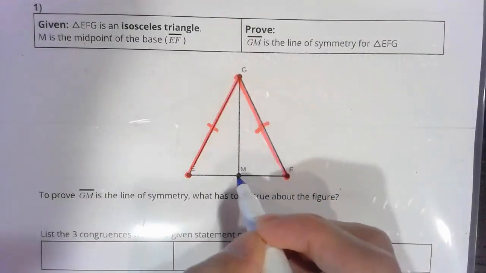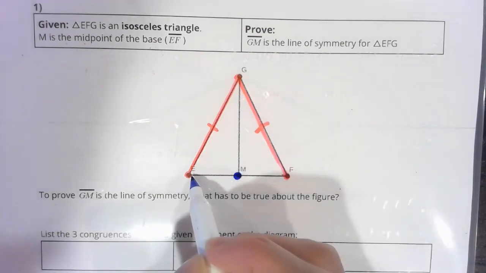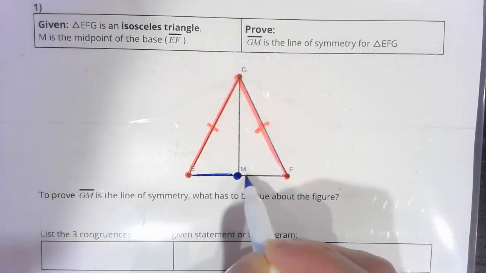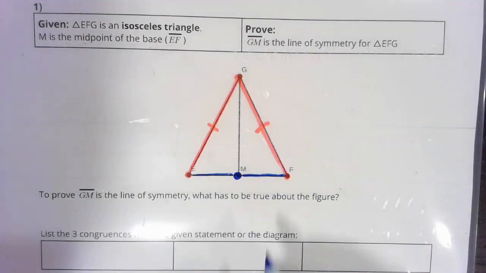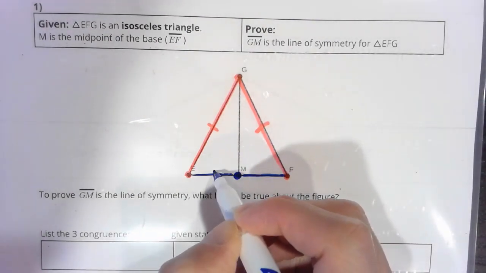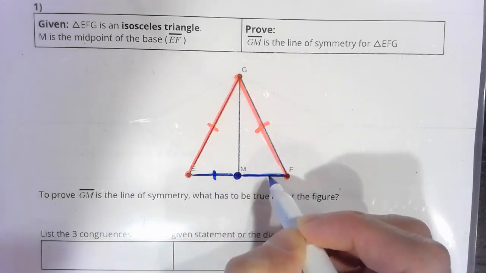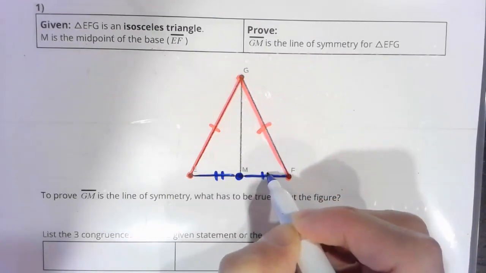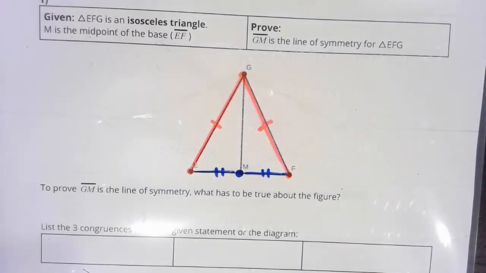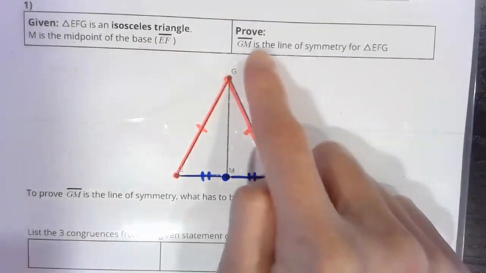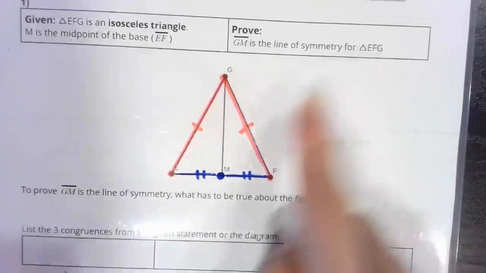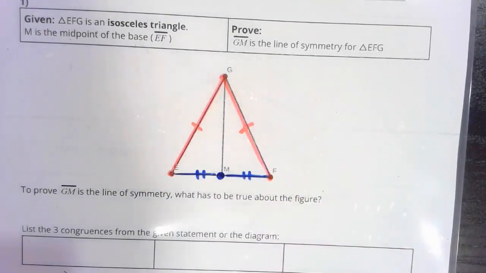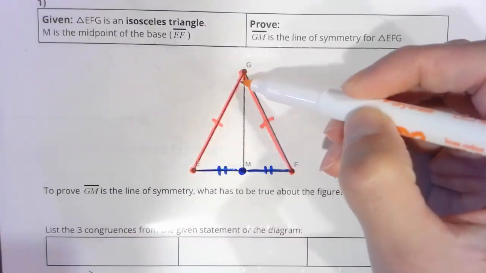So M is the midpoint of the base EF. And then since M is the midpoint, I know that this segment has to be congruent to this segment. And then I'm being asked to prove that GM is the line of symmetry for triangle EFG. So I look at the triangle. GM is this line right here.